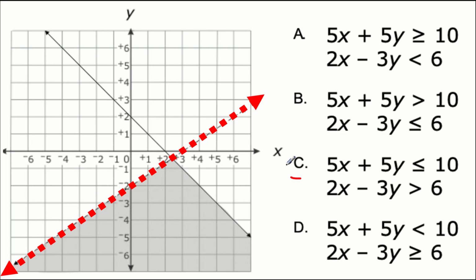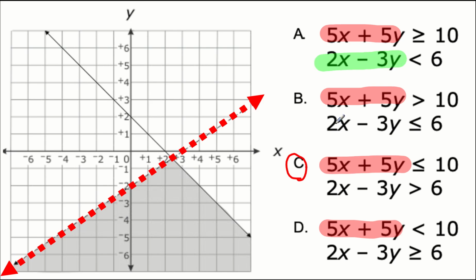So C is going to be our correct answer, okay? If you look at each one of these, those parts don't change, do they? What we have for the top one each time that I highlighted in red, that would be opposite of A over B to find the slope.